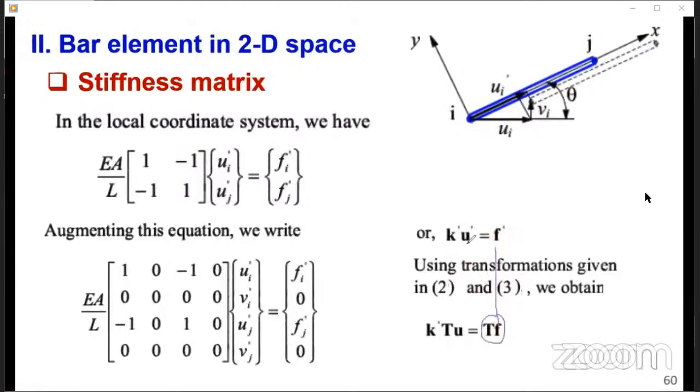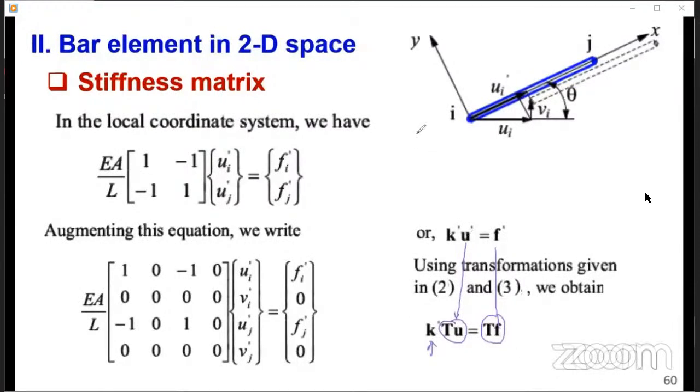This was equation 3. Now U, we already derived it. We spent a lot of time deriving that. U is equal to the transformation matrix pre-multiplying U prime. And then, of course, our K. This is the K we want to know. We want to know how to move from the local coordinate system to the global coordinate system for the stiffness matrix.